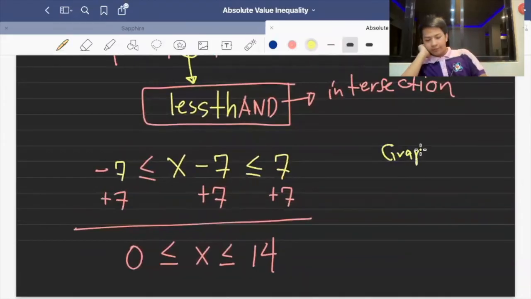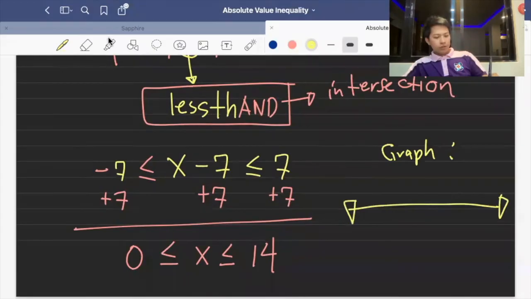Let's graph. Since this is an intersection, we have 0 and then we have 14 here. X is greater than or equal to 0, but less than or equal to 14. So this is just between 0 and 14, but 0 and 14 are included.